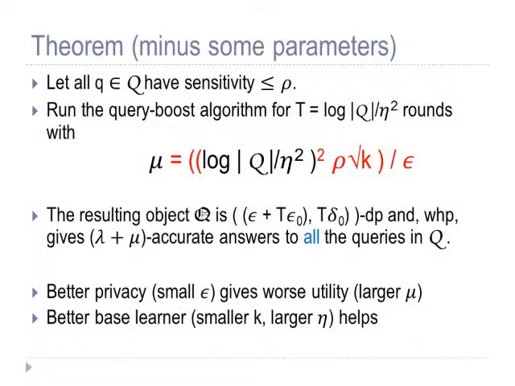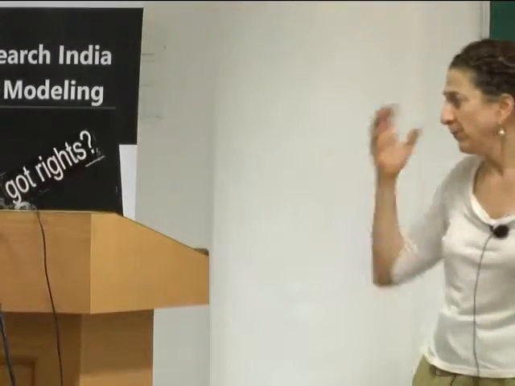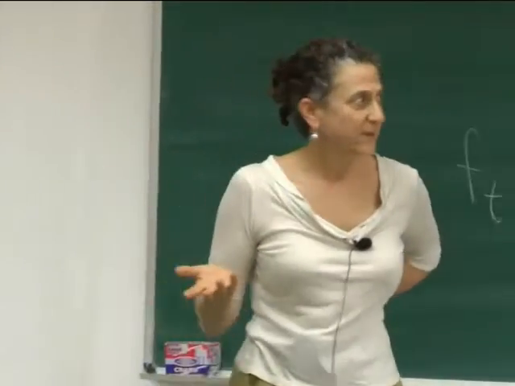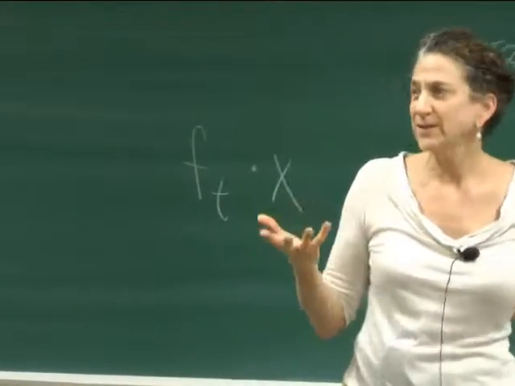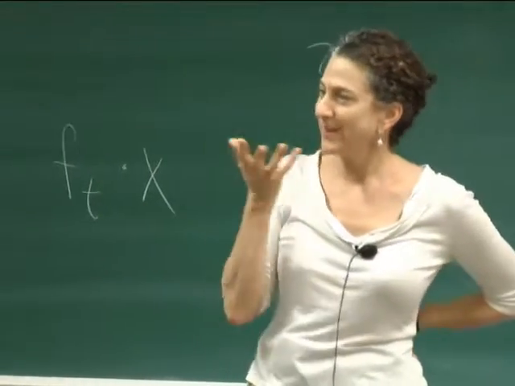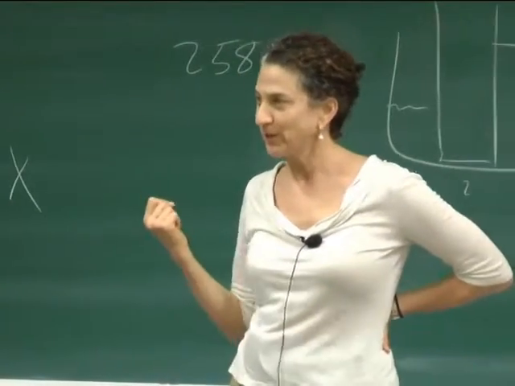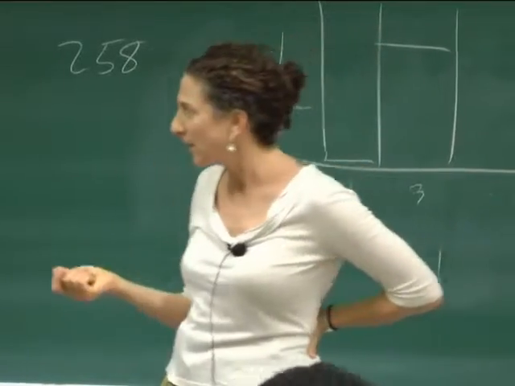So the theorem that you end up with is that we choose mu to be, well, how many rounds are we going to have to run this thing? By arguments similar to the argument that I didn't tell you for the multiplicative weights update previously. It's the same kind of argument.